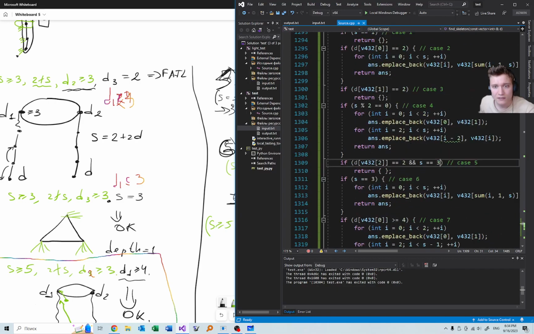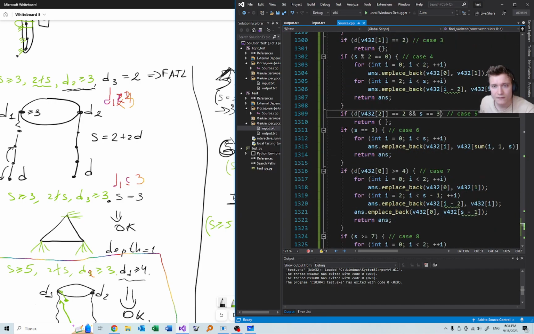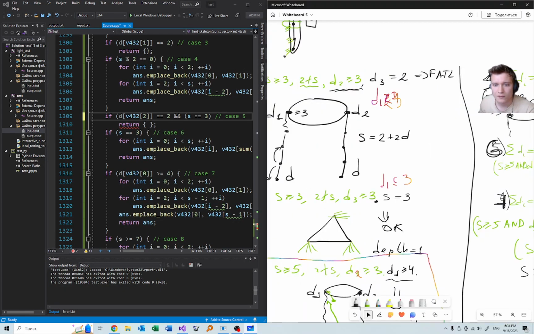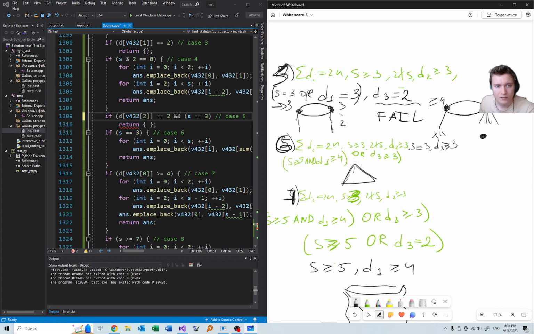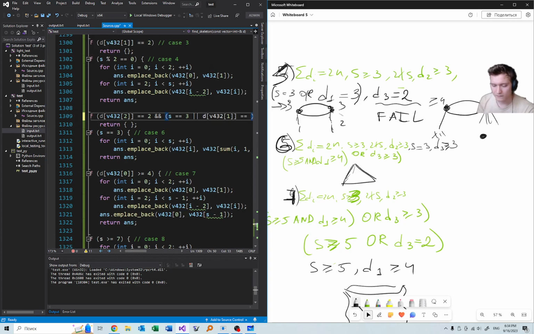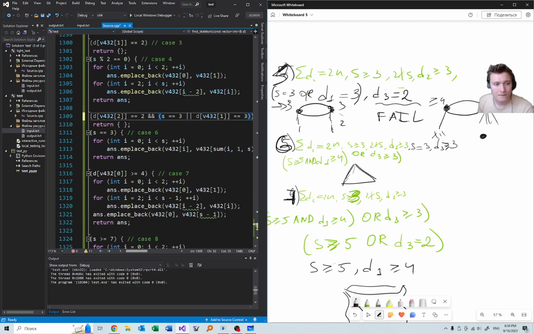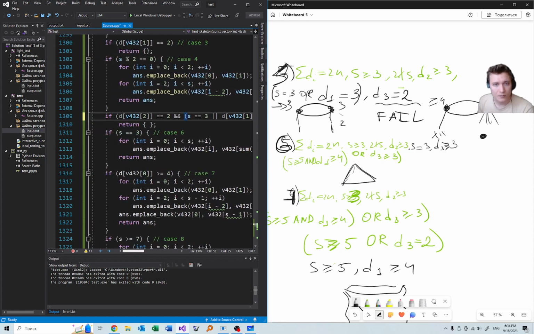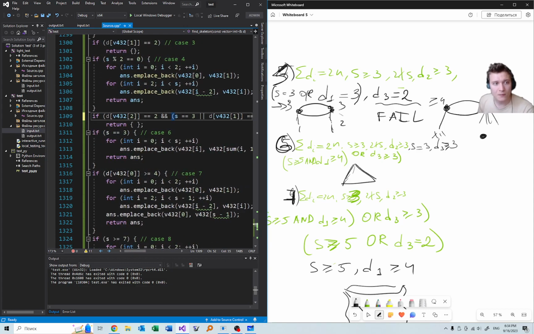So here we say that s is 3. In case 5, s is 3. Let me put it like this. Or here we need that s is 3. Or g1 equals 3. And we return that we have a fail. So here we need that s is 3 and g3 is at least 3.